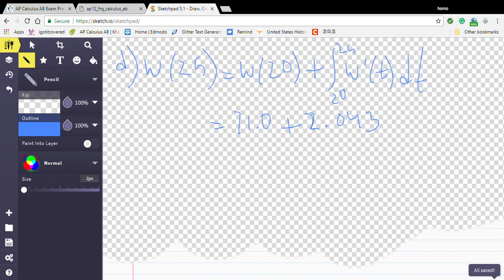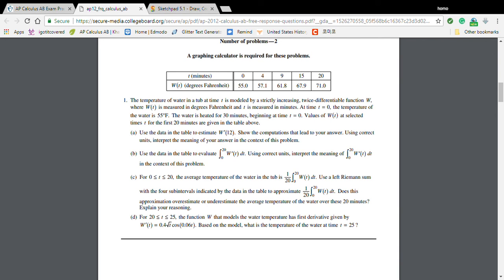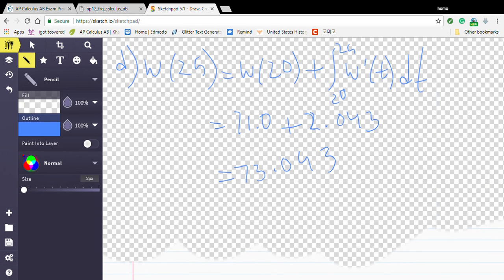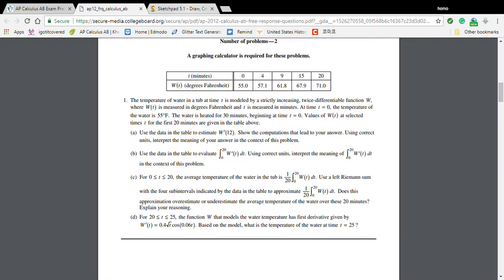So we add this and we get 73.043. Since it's the temperature, let's say degrees Fahrenheit. And that's the answer to D.